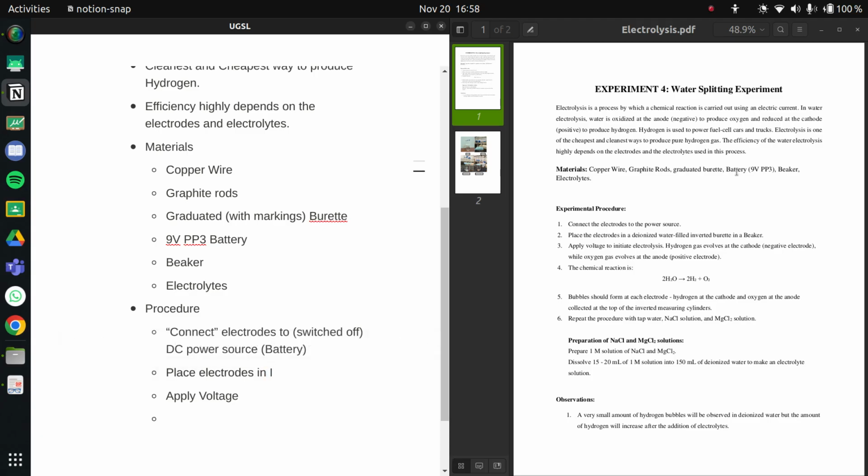Since there are two electrodes, so inverted burettes, and place these. And fill these. So I remember the experiment. Okay, place these in your water. So in DI water filled stuff. So your beaker.